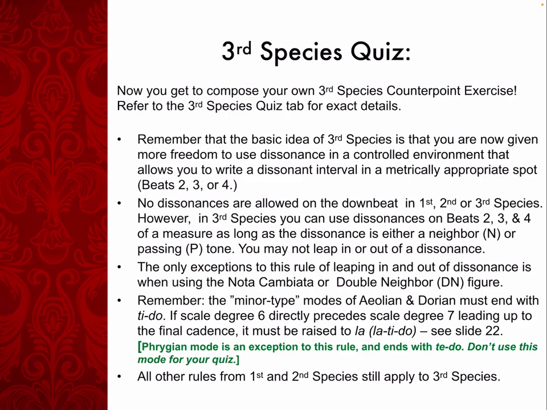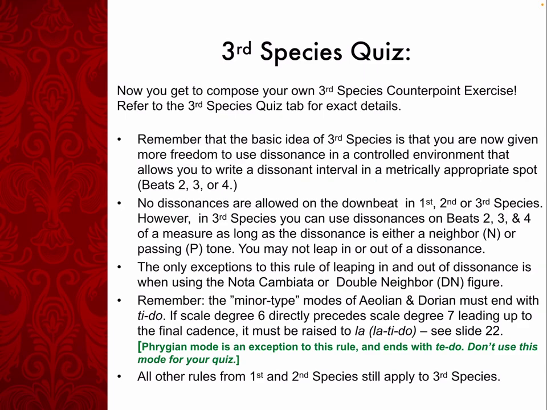Also remember, we saw this in an earlier exercise today, that if scale degree 6 directly precedes scale degree 7, then you have to go La, Ti, Do, instead of Le, Ti, Do, because you don't want that augmented second, so you go La, Ti, Do. So go back to slide 22 if you need to review that.